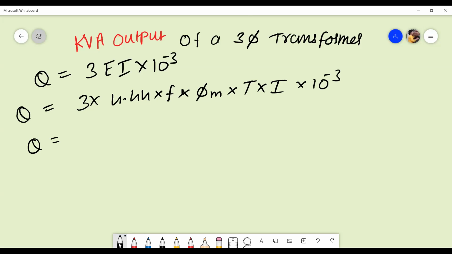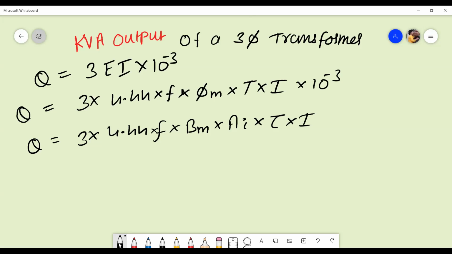Elaborating this expression, you can write Q is equal to 3 into 4.44 into the frequency into the magnetic flux density Bm into the area of iron core into number of turns T into current I into 10 to the power minus 3. Okay, it's in kVA, kilovolt ampere.